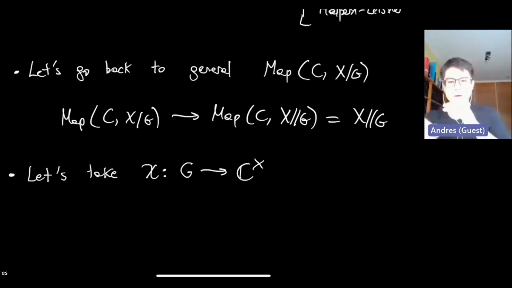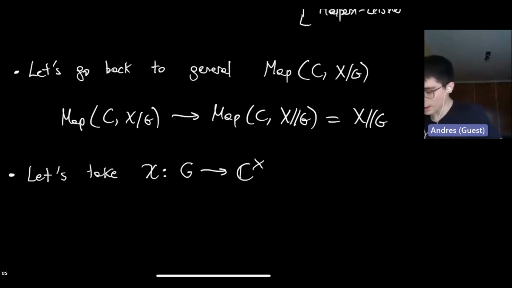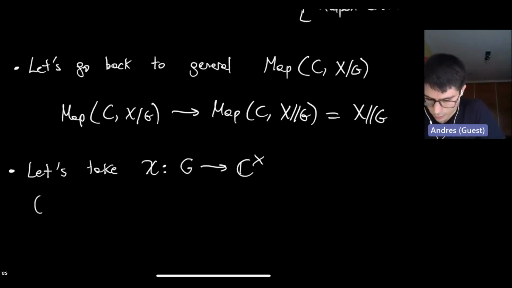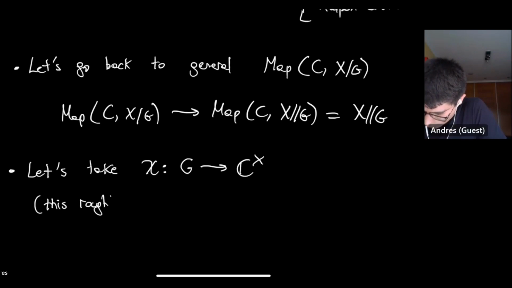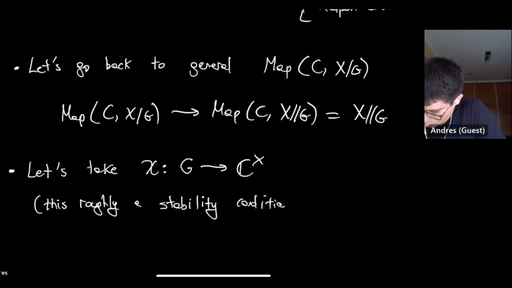So this is generally the type of data that you fix in order to do GIT. So this is roughly a stability condition in the sense of GIT.